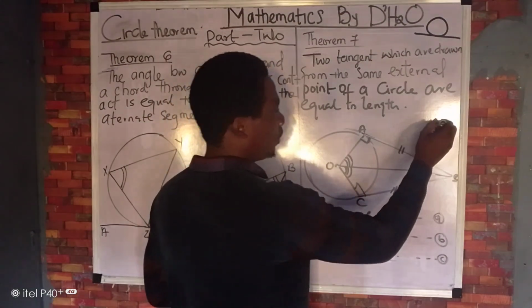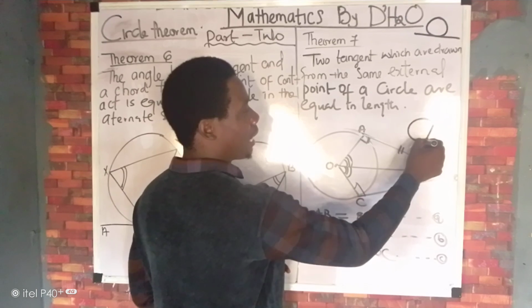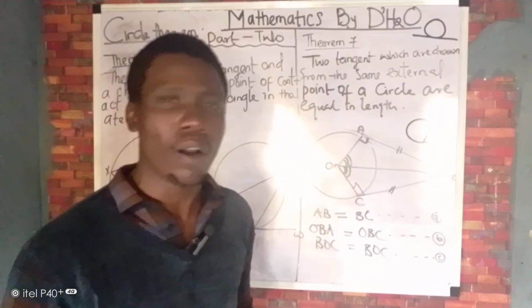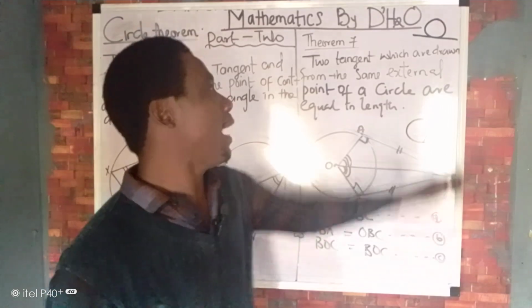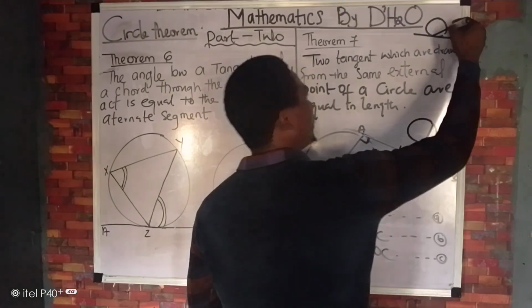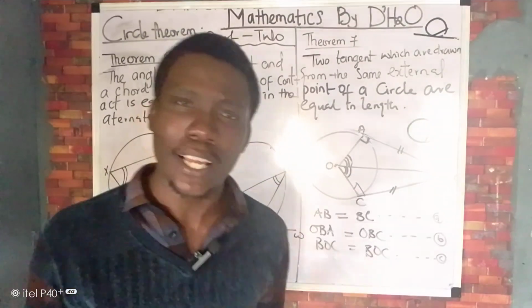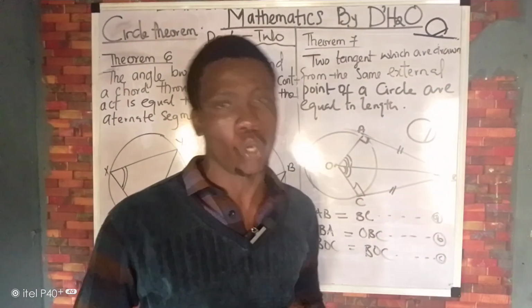If I have a circle like this, a line can be referred to as my chord as long as these two parts of the circle are not equal. Now, I said this is a tangent. A chord can be like this either. This is a chord. So there is a relationship between a tangent and a chord.